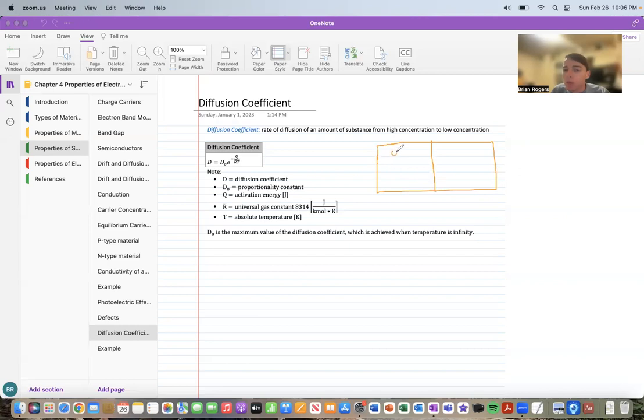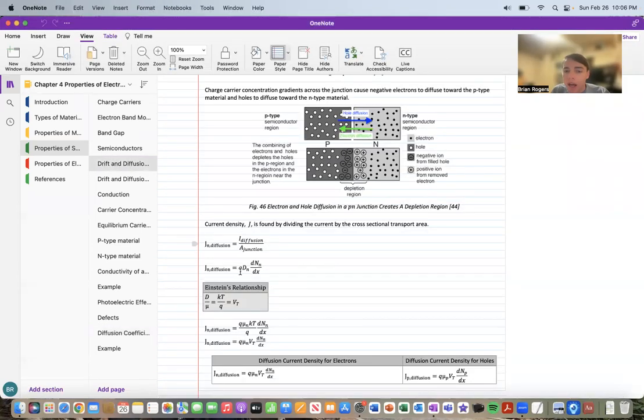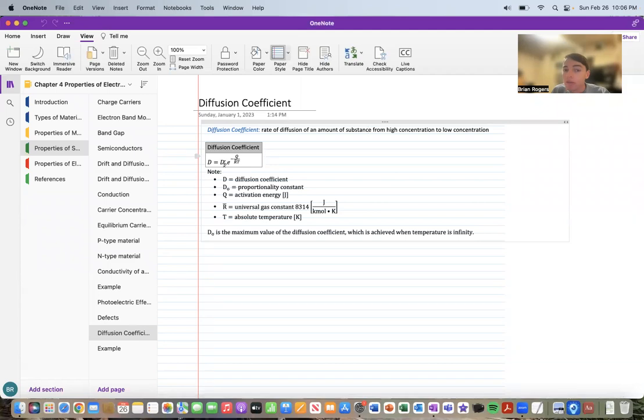So to go from one side over to the other, how fast that diffusion process is. And so that's just relating back to how we had our diffusion coefficients. So this is the actual equation you can use to calculate it if you know these parameters.